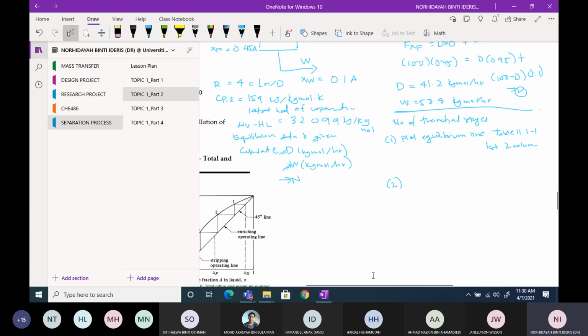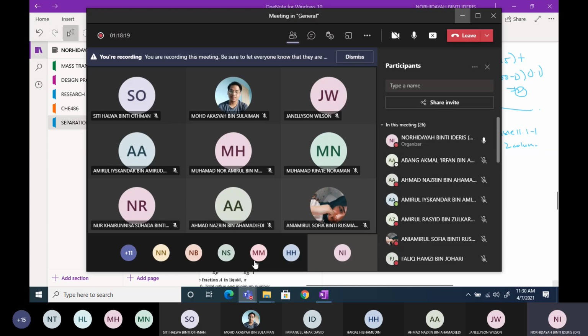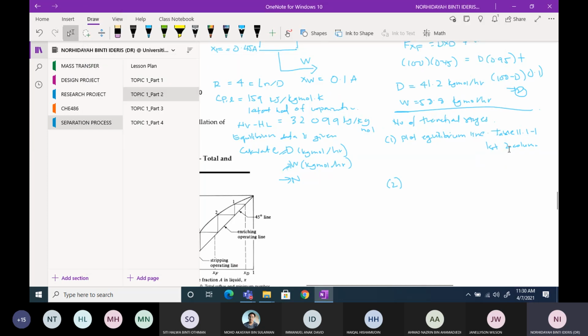Okay, so the first step is, you need to plot the equilibrium line. And then the second step is the enriching operating line. You need to plot the enriching operating line here.